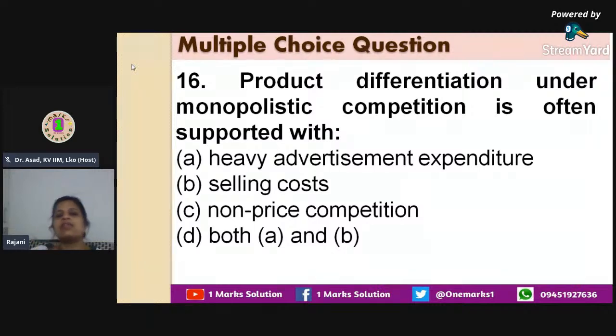So the question is very clear, and the answer is also very clear. That is selling cost, because product differentiation is the special case. They are trying to attract the consumer by changing the shape, color, and some small texture or something like that. So definitely selling cost is the main thing regarding the product differentiation.